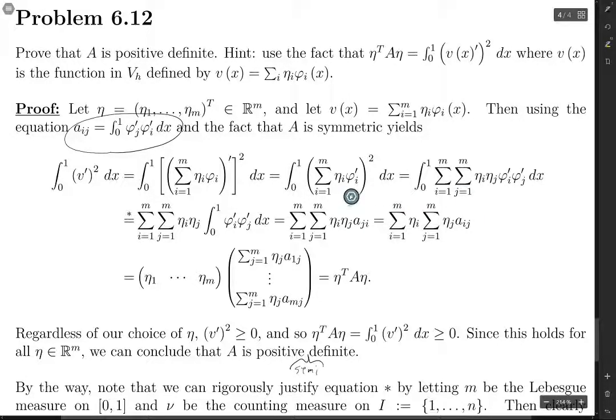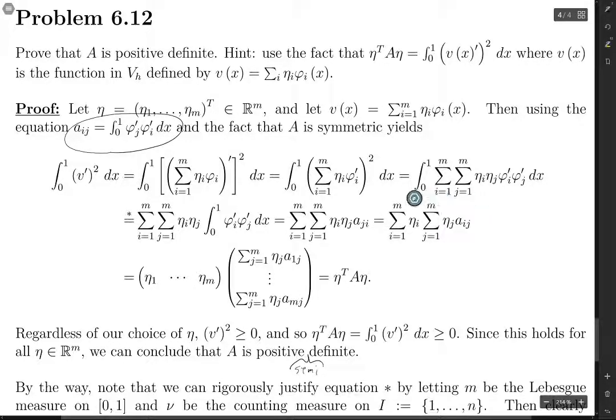So this square here can be written as a double sum, summing from i equals 1 to m and j equals 1 to m, where you take eta i times phi i prime and multiply by eta j times phi j prime, and you just move the etas and the phi's together.